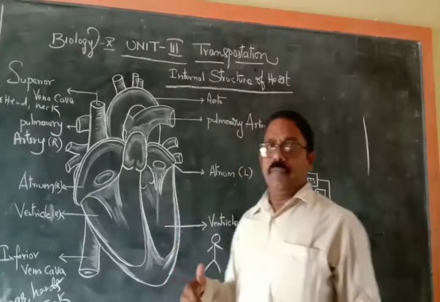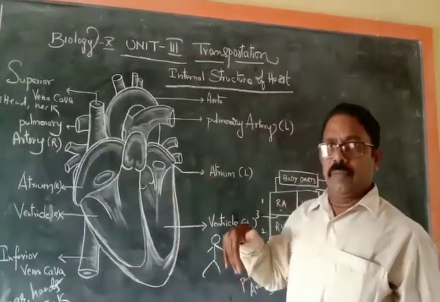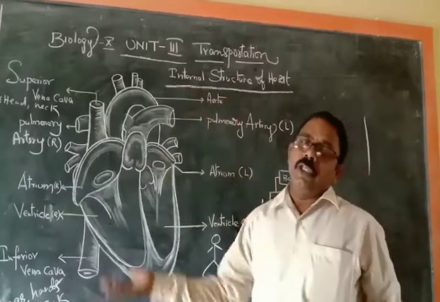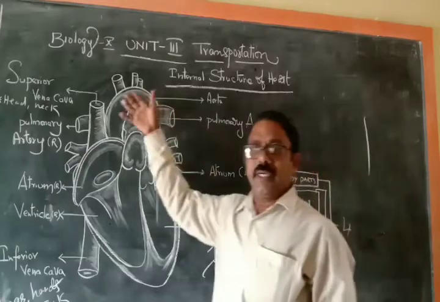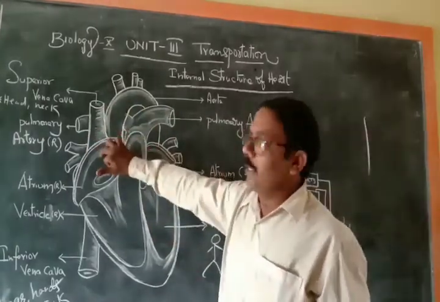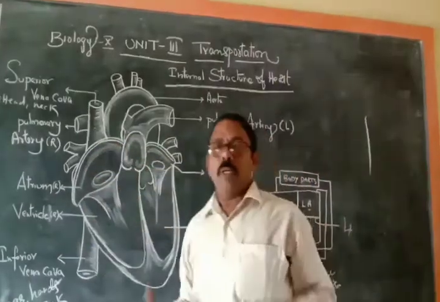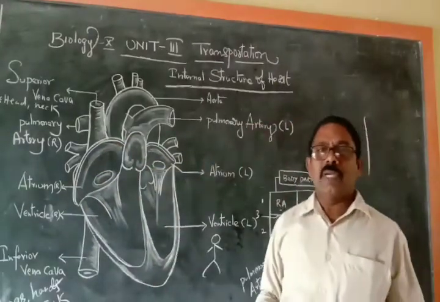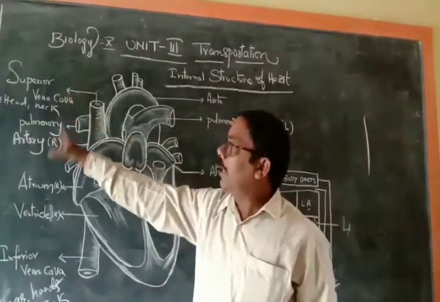In our body, every time there is deoxygenated blood and oxygenated blood. Deoxygenated blood is totally collected in the right atrium of the heart. Any part of our body collects blood into the right atrium.